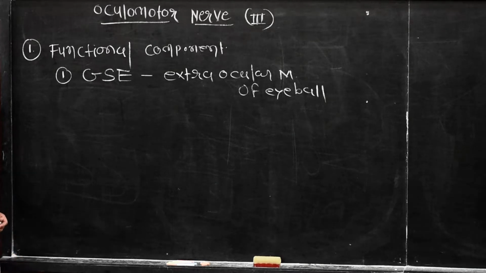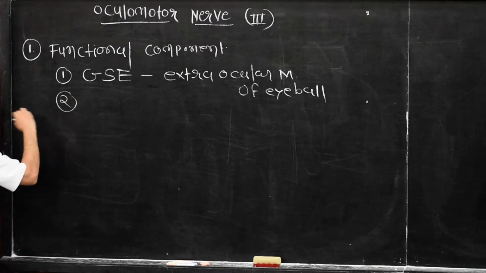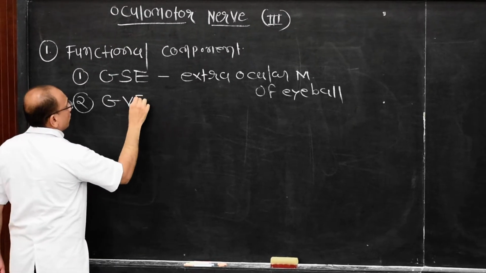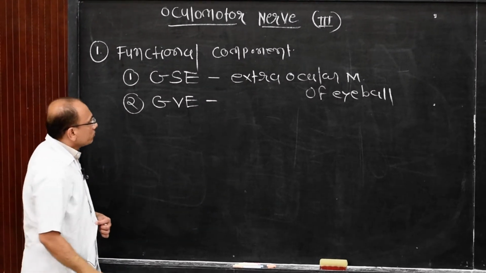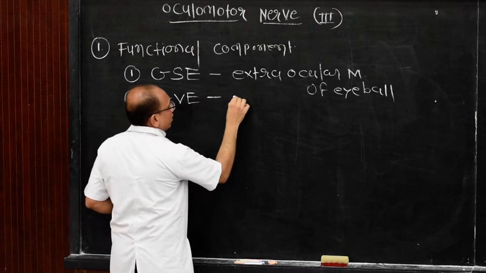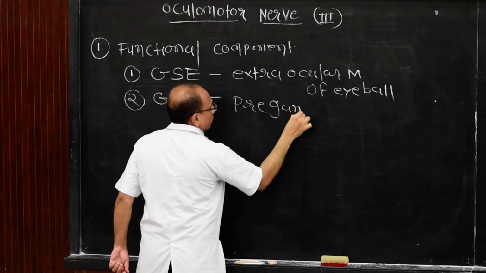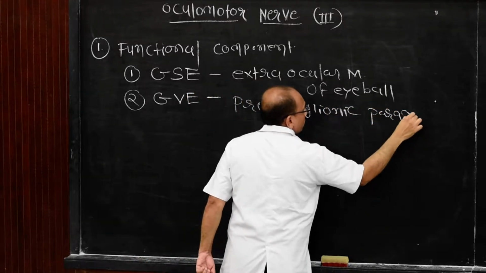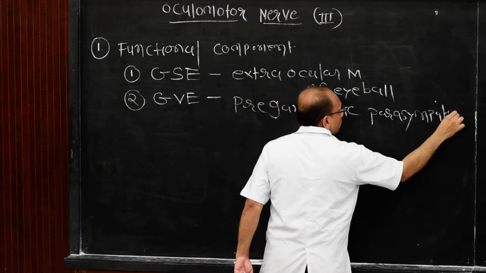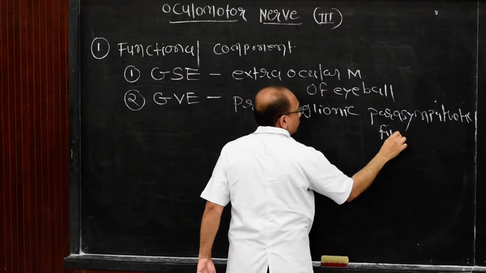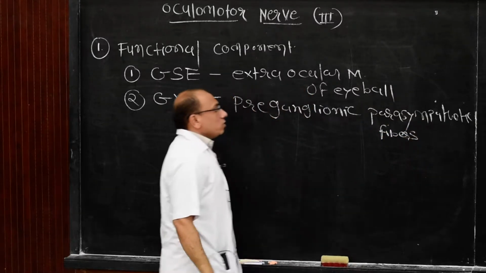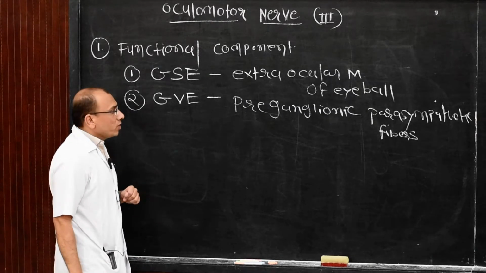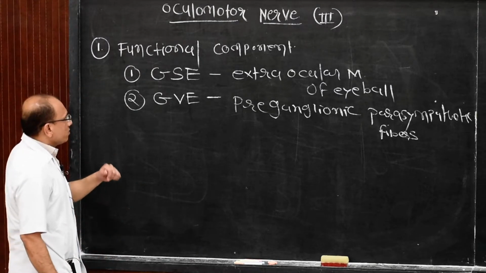except lateral rectus and superior oblique. The second component is the central visceral efferent component, which contains the preganglionic parasympathetic fibers to the ciliary ganglion, and from the ciliary ganglion the postganglionic parasympathetic fibers supply the sphincter pupillae and ciliaris muscle.